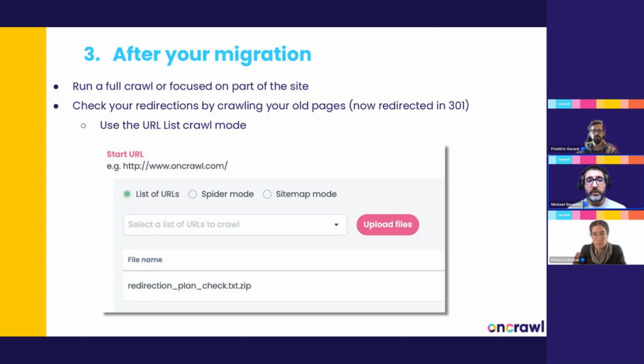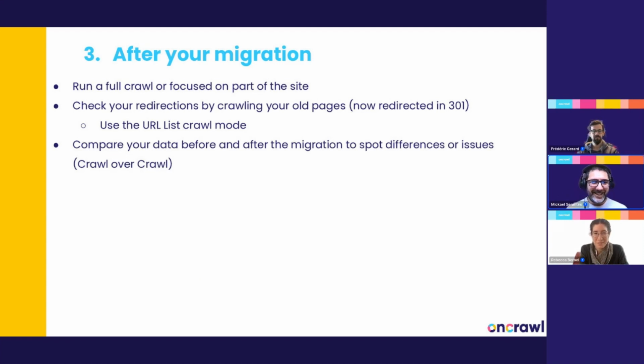So in this case, the URL list mode will be useful, but also the sitemap mode. I will talk about it just after. You can create a list of pages in redirects, put it on crawl, and ask the crawler to explore those pages and see if at the end they are redirected to a valid page with a 200 status code, yes or no. If you did everything correctly, you should end with only 200 at the end, normally.